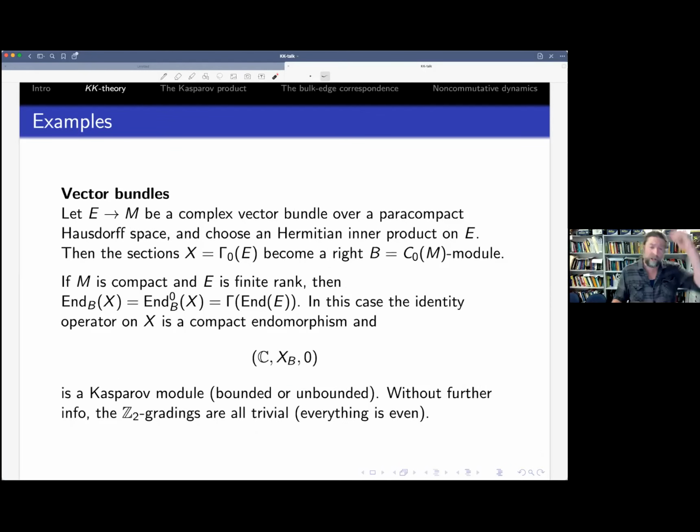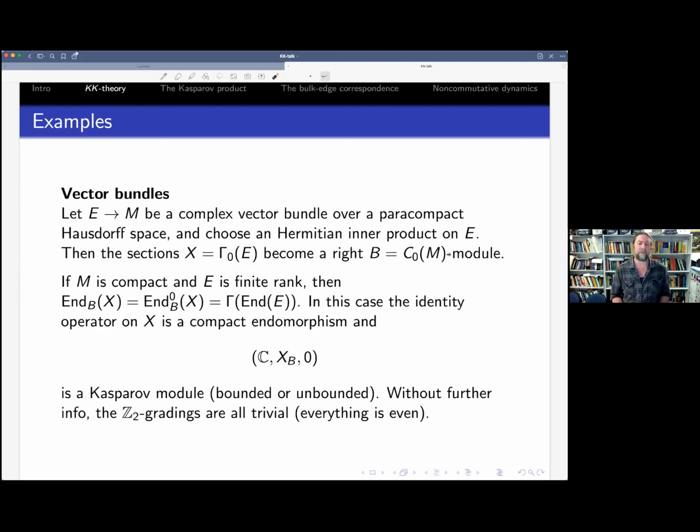So let me give you a couple of examples that are sort of reasonably geometric. I'm going to start with a vector bundle on a nice paracompact Hausdorff space, so I can choose a Hermitian inner product. And then the sections vanishing at infinity of that bundle is a right module over C0(M).